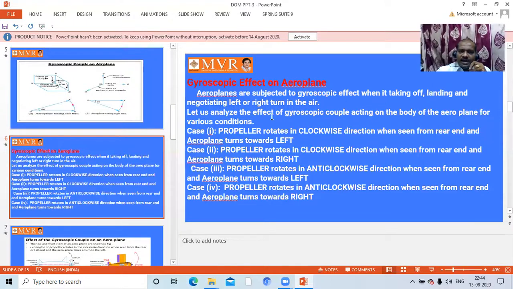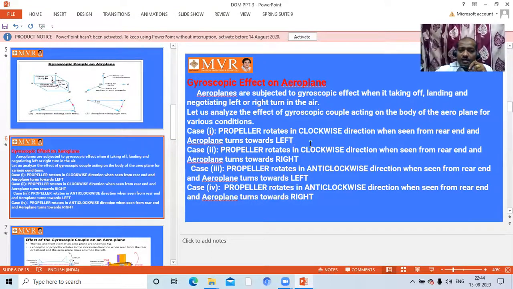Let us analyze the effect of gyroscopic couple acting on the body of the aeroplane for various conditions. The conditions are: first one, try to listen. The propeller rotates in clockwise direction when seen from the rear end and the aeroplane turns towards left. This is one condition.